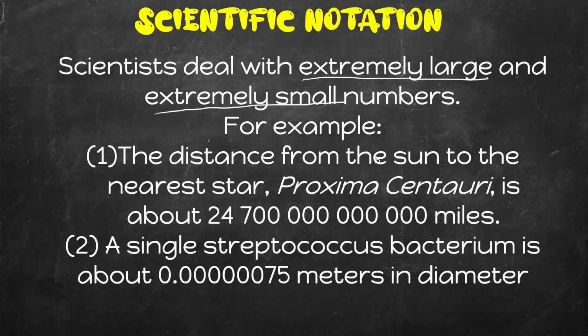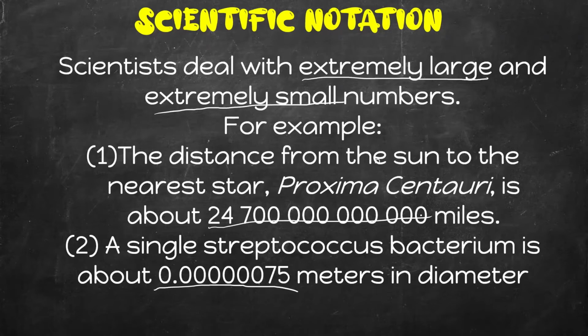So basically, sobrang laki ng 24 trillion 700 billions, right? Next naman, a single Streptococcus bacterium is about 0.0000075 meters in diameter. So sobrang liit naman nung numbers na yan.